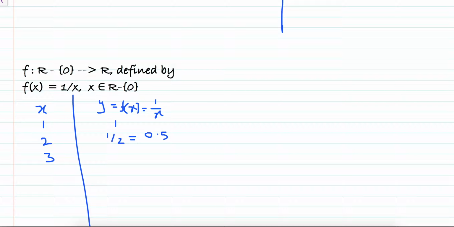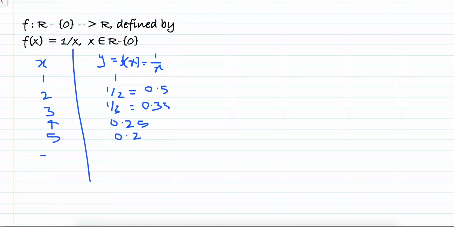For 3 it's 1 over 3 or 0.33. For 4 it will be 0.25. For 5 it would be 0.2.